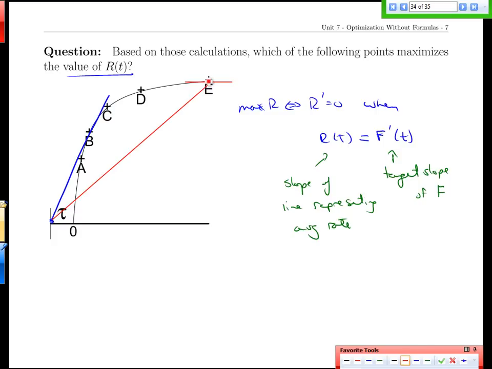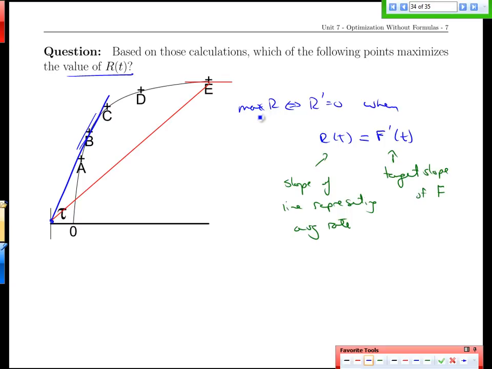At the point E, this line and this line are not the same. Our condition said they have to be the same if we're looking for the optimal rate of accumulation here. At the point B, those two slopes are the same. The tangent line and the straight line, the average rate slope, are the same. And so we do get a maximum harvesting rate.